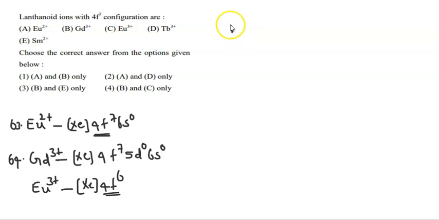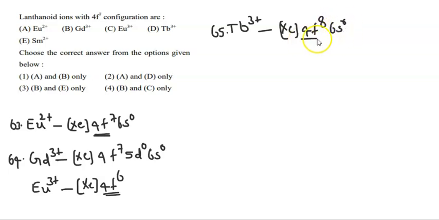If you write terbium, atomic number is 65. If you write the terbium 3+ electronic configuration, xenon 4f8 6s0 configuration. It is not having 4f7 configuration.